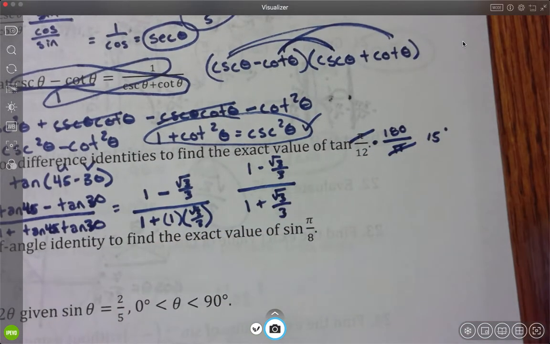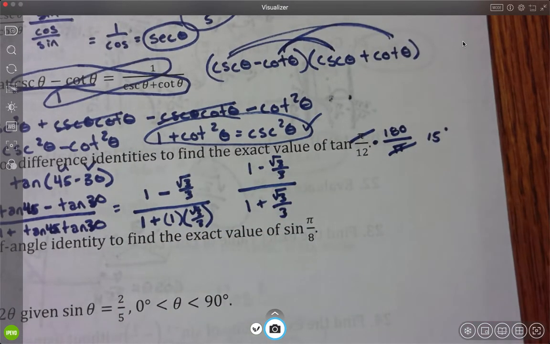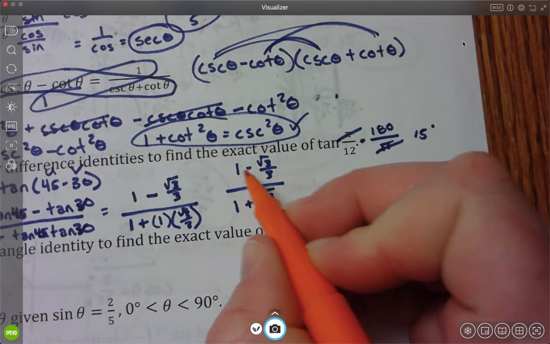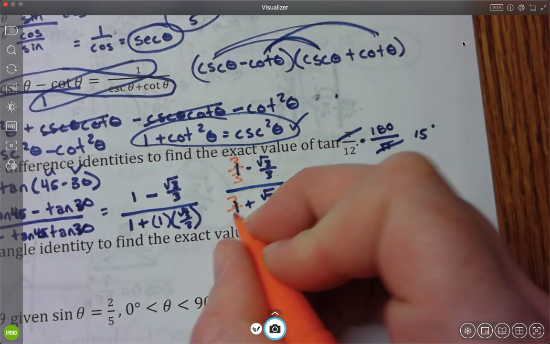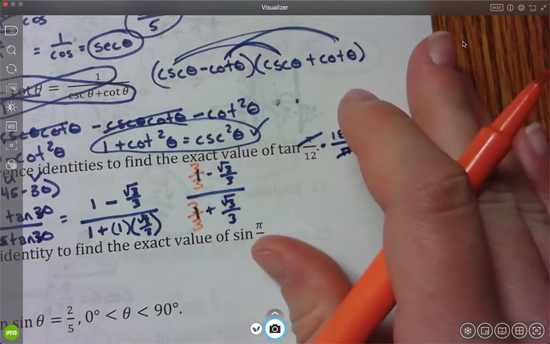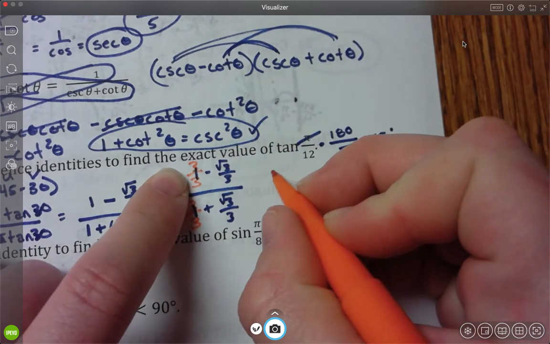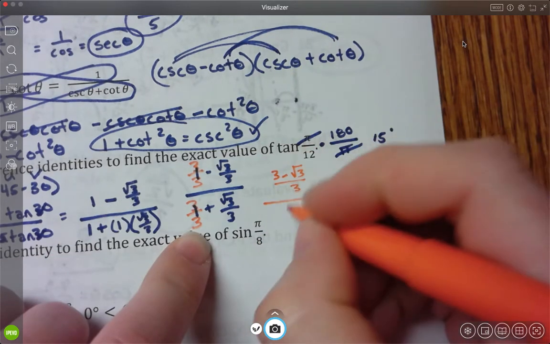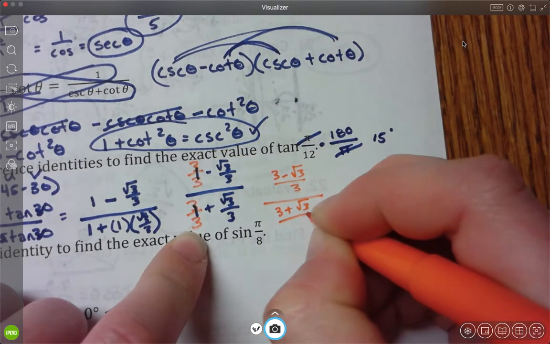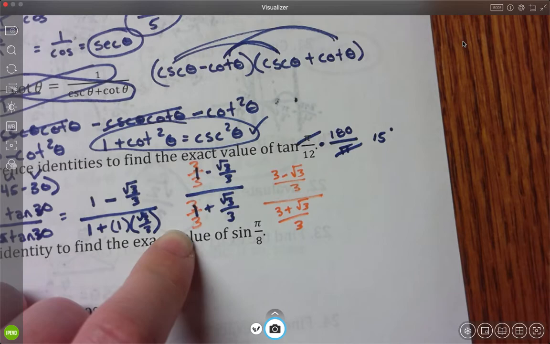Last thing that I'm going to do, I'm going to find a common denominator. So this really is 3 over 3, and this is 3 over 3 also. So the top part is 3 minus the square root of 3 all over 3. The bottom is 3 plus the square root of 3 all over 3. That's what it will look like. If I'm going too fast, pause.